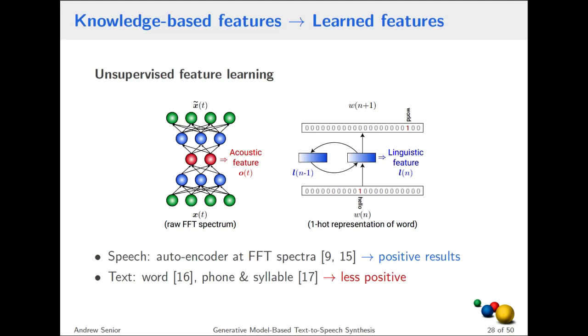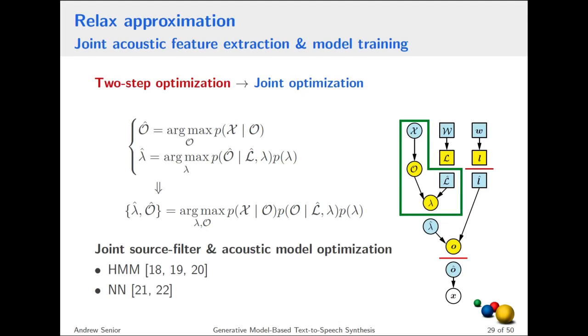Instead of choosing to use cepstra, we can learn, again, a low-dimensional representation, but this time we're learning it rather than hand choosing it. And then some work on trying to learn the linguistic features as well, which has been less positive. There's been some work where they're now starting to combine different pieces of this optimization, so learning the source filter model and the acoustic model optimization jointly. I'm less familiar with this work.